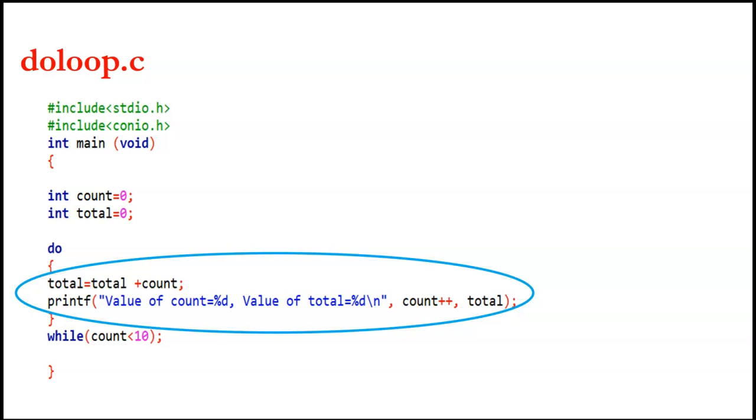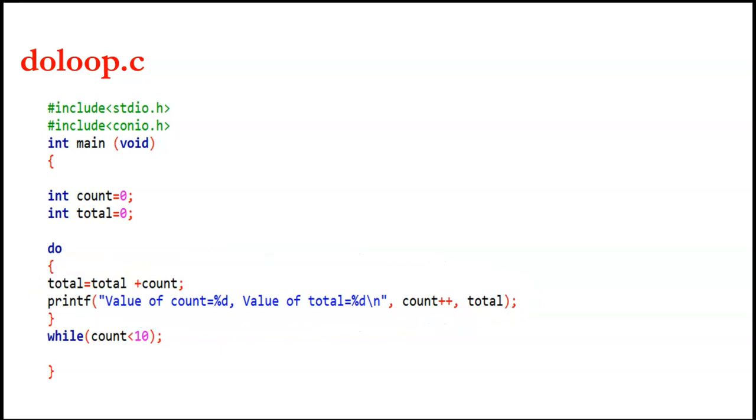This is the 11th time through the loop, because the value of count becomes 10. So once the loop expression evaluates to false, the do-while loop exits.